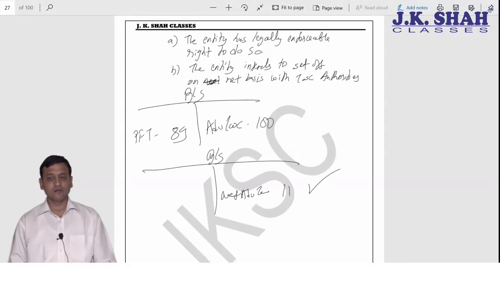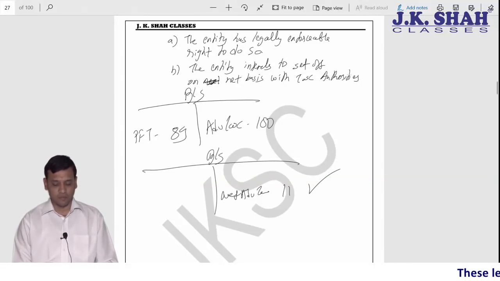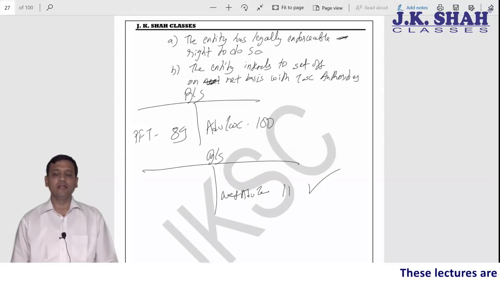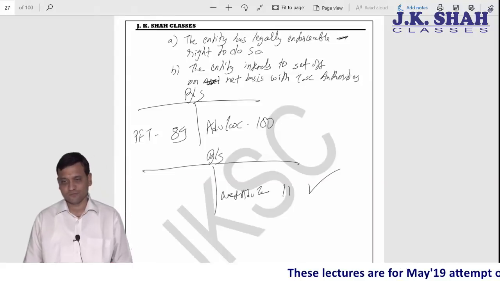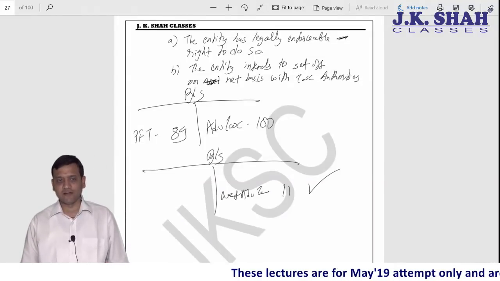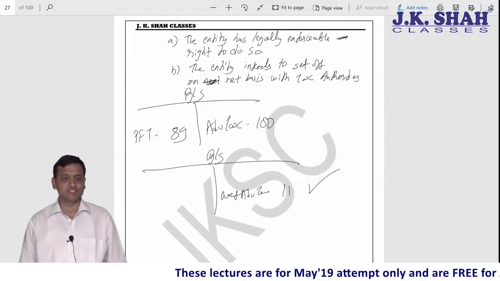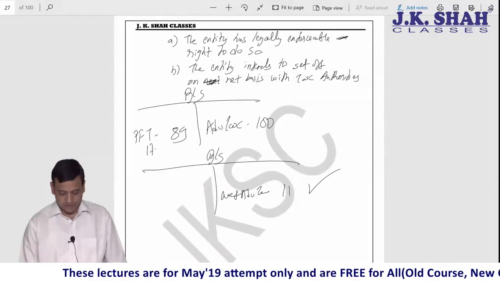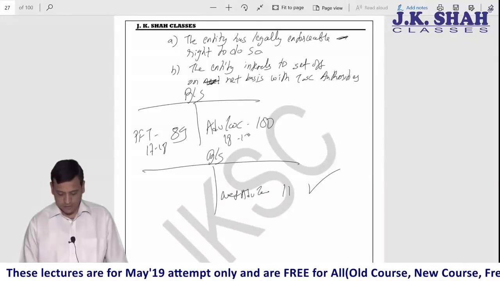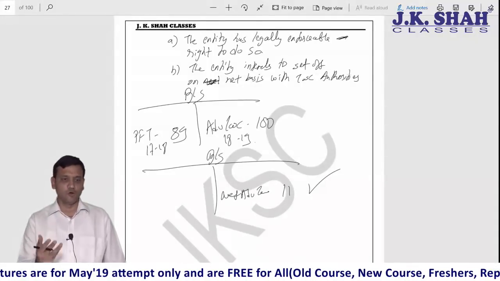Yes, you can. Provided, point number A, the entity has a legally enforceable right. I have a right to do so. Now when can I have a right? Provided both of them are pertaining to same assessment year. A provision for tax is pertaining to previous year. Advance tax is pertaining to this year. Can you offset? No, not allowed.